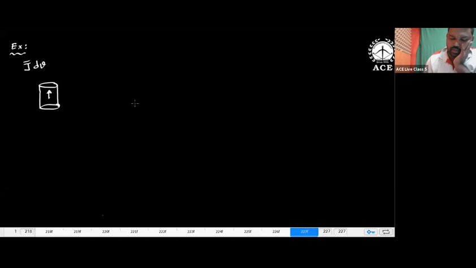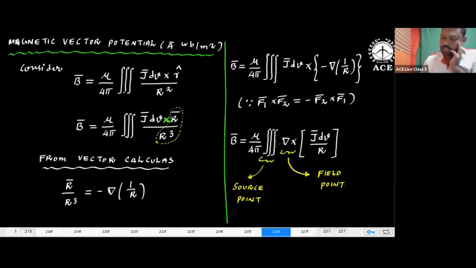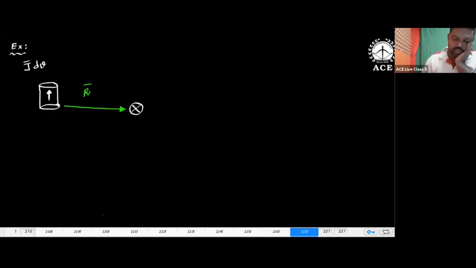And here I want to find the magnetic field somewhere here, and the distance from here to here is R. Here is the source point, so this integration is acting on the source point.